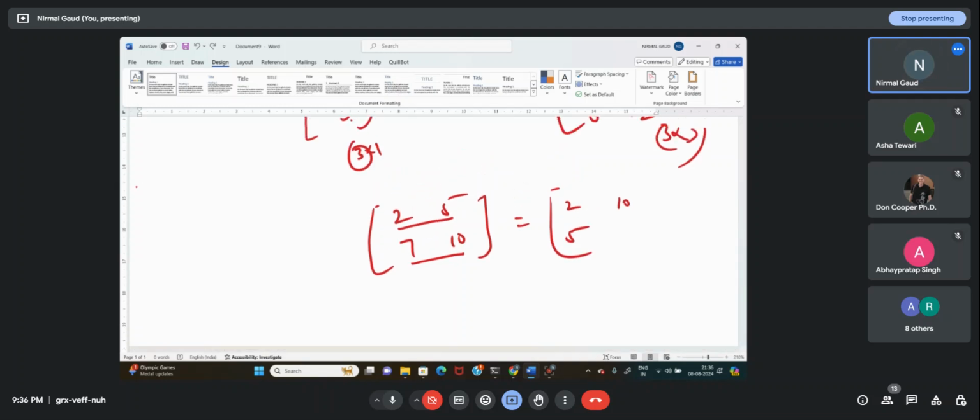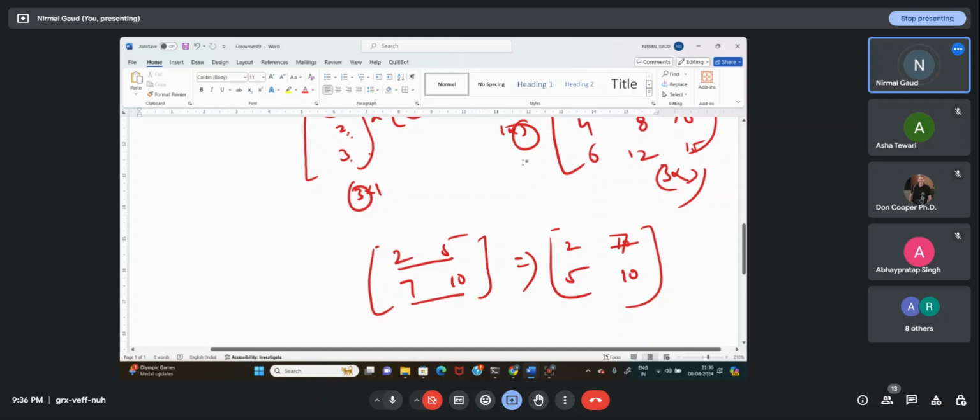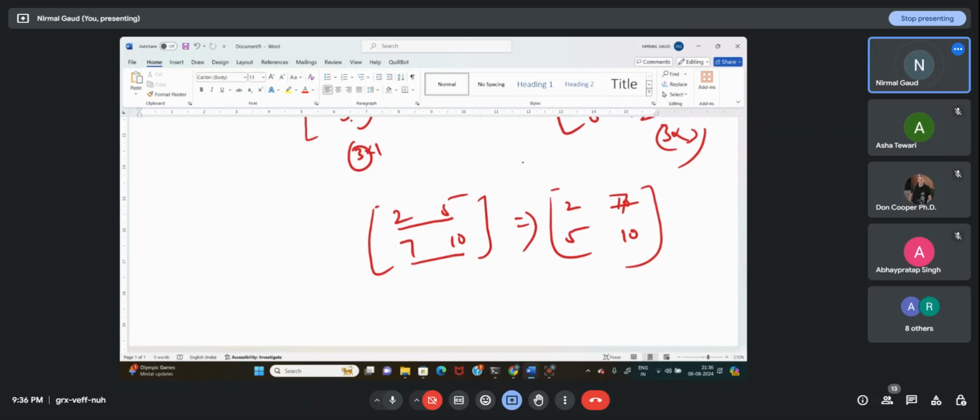That means 7, 10. So this is the transpose. It is an important property of a matrix that is used ahead for most tasks, like inverse and other things. Changing rows to columns and columns to rows is the transpose of a matrix.